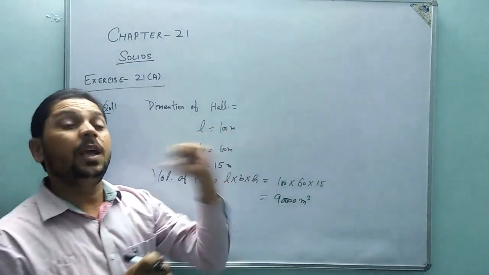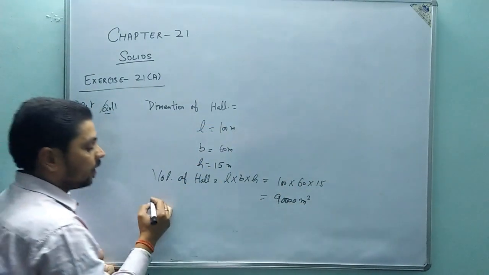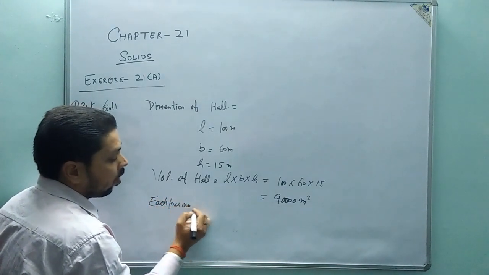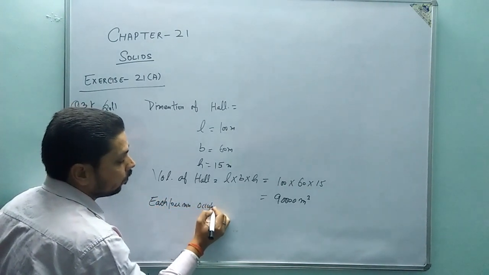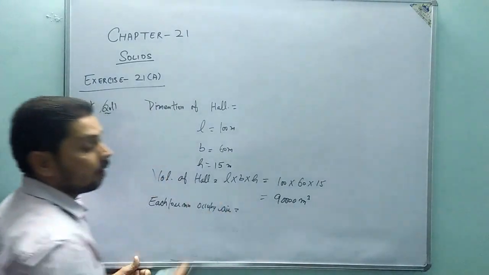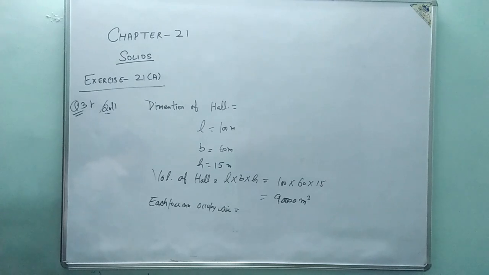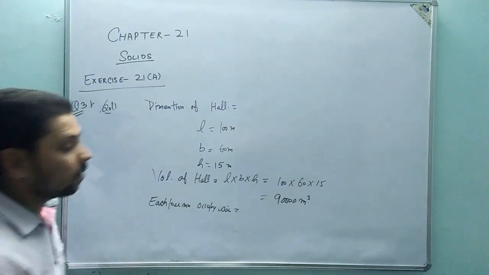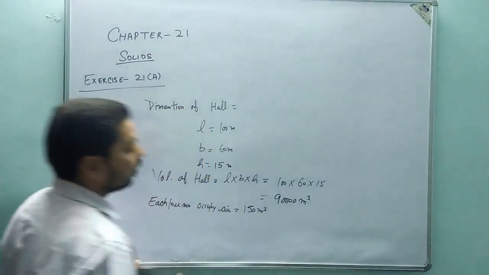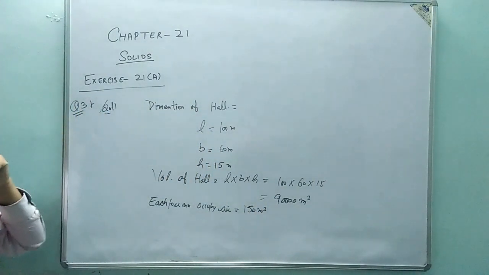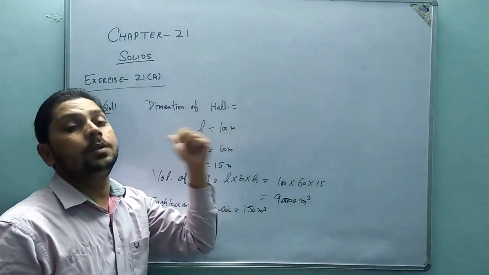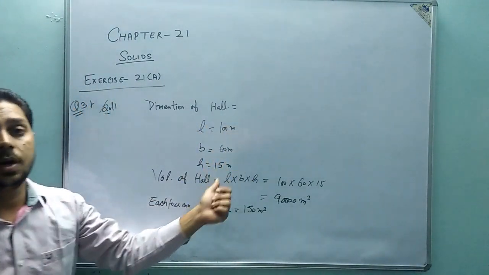It is given that each person occupies air equal to 150 meter cube. You must check the units behind each term here.